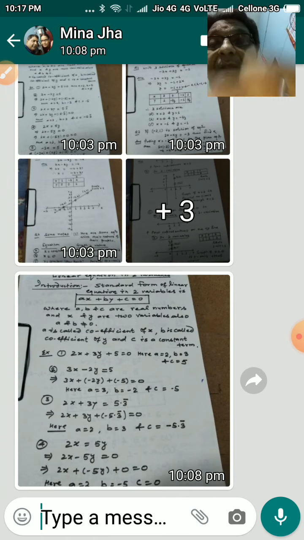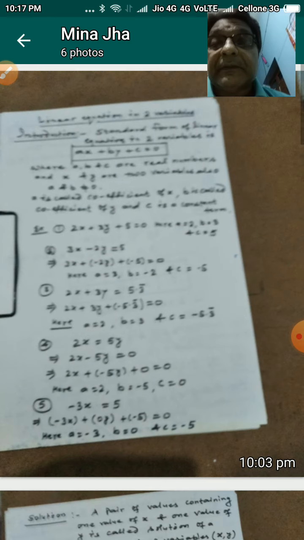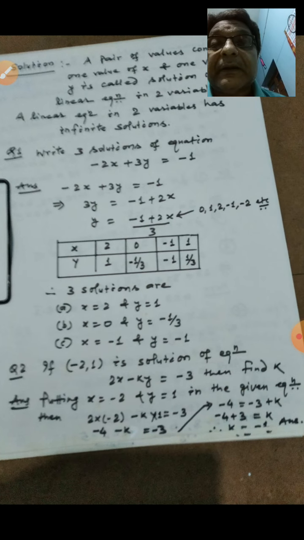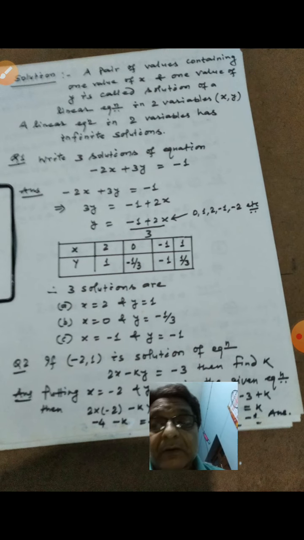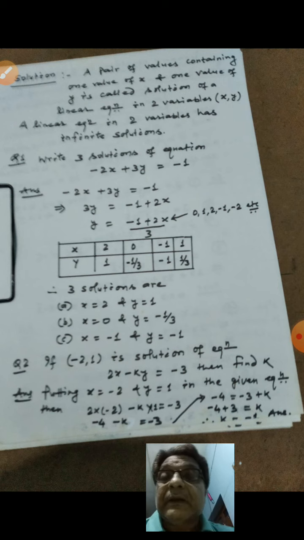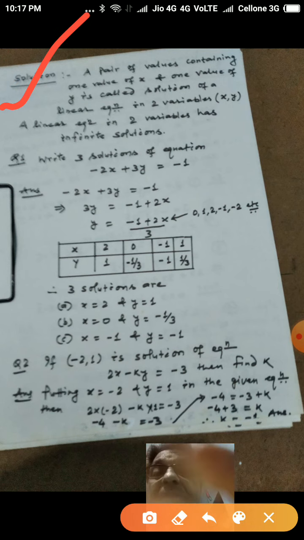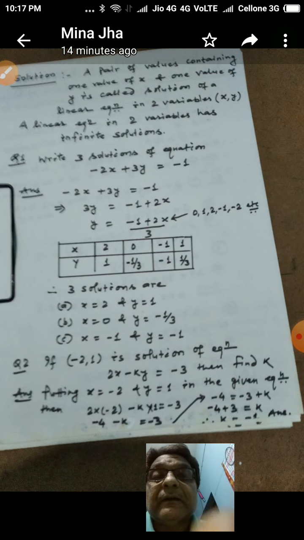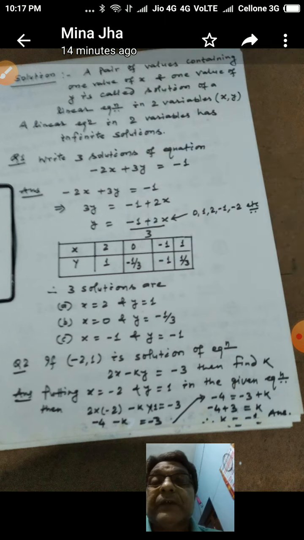Now we will see another page. After getting the introduction, we will see some terms like what is the solution of an equation. For such equations, what do we call a solution? In case of an equation we write the answer, which is called the solution.